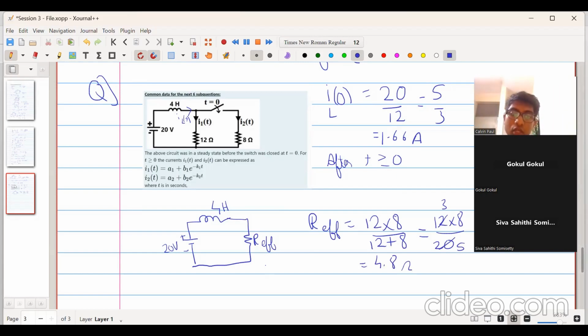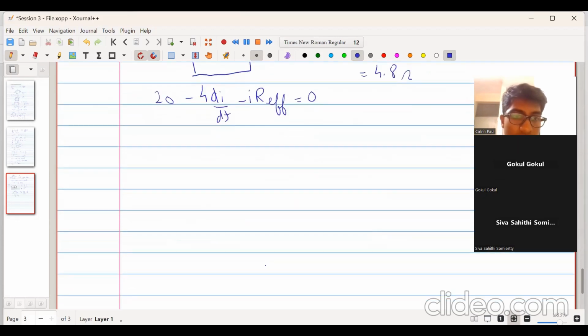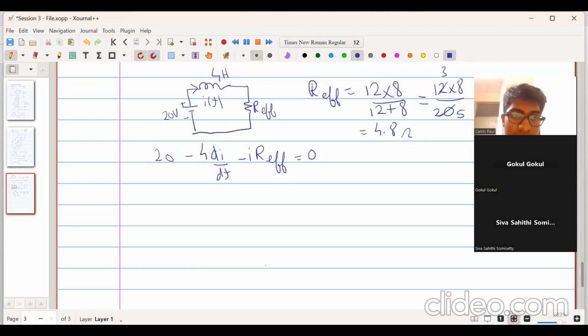Now we will apply KVL to this circuit. When we apply KVL, we get 20 minus 4 di upon dt minus I into R effective equal to 0, where I is the current through the inductor. So 20 minus 4 di by dt minus 4.8 I equal to 0.